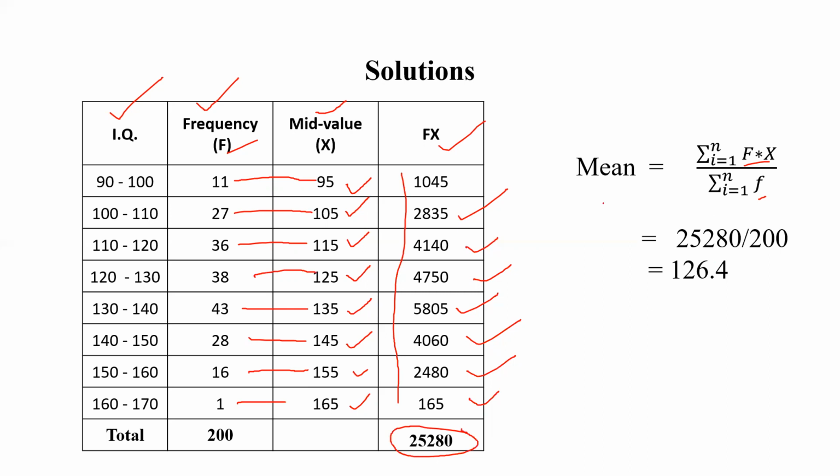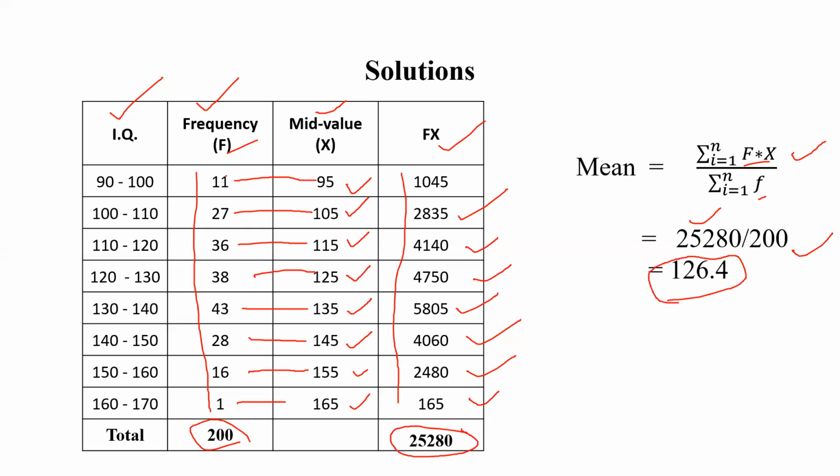So according to the formula, we have summation f x. We put this value here, 25280, and summation i equal to 1 to n of f i. Here we add all these frequencies, which gives 200, and we divide by 200. Finally we get this value, 126.